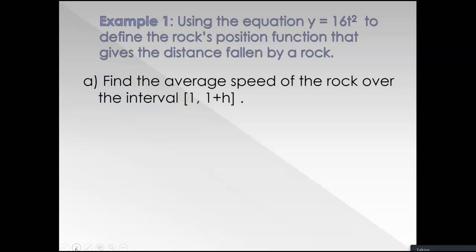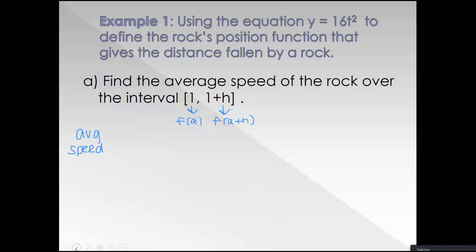So the average speed on the interval 1 to 1 plus h, well, this is like my f of a, and this is my f of a plus h. That's not a coordinate point, it's an interval.